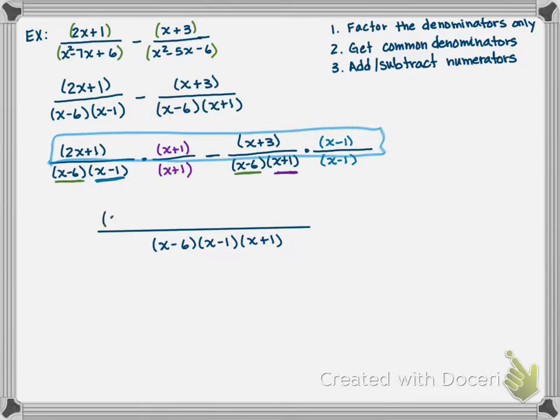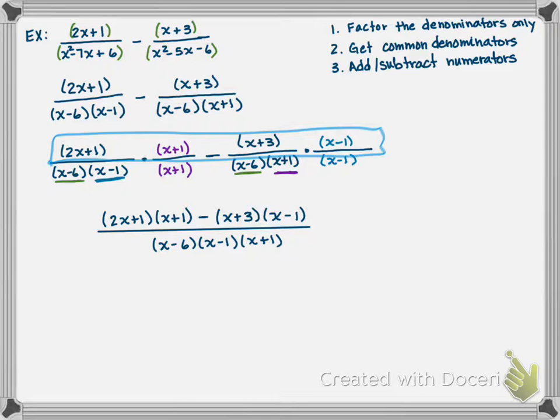So we have 2x plus 1 times x plus 1 minus x plus 3 times x minus 1. Can I cancel anything? No. Why not? Because of the subtraction.